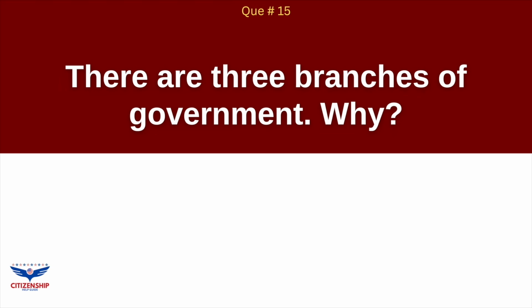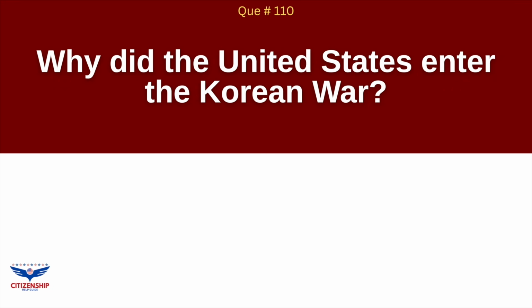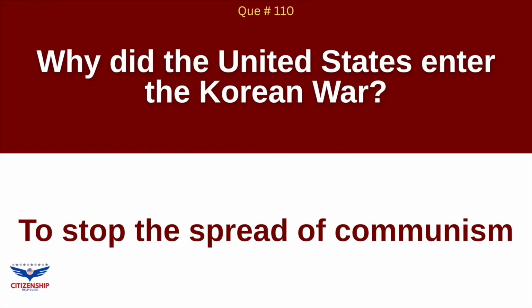There are 3 branches of government. Why? Checks and balances. Why did the United States enter the Korean War? To stop the spread of communism.